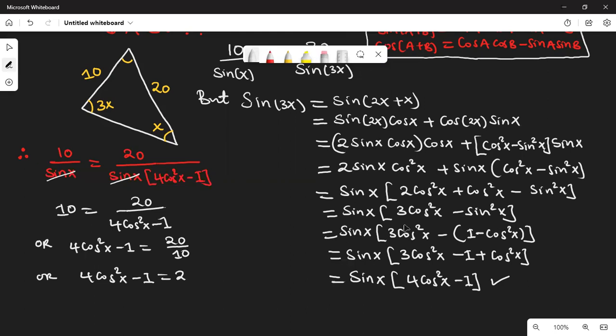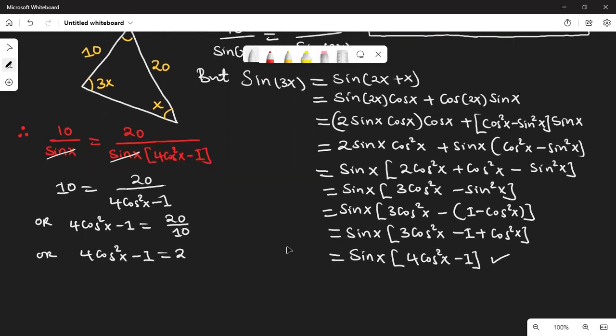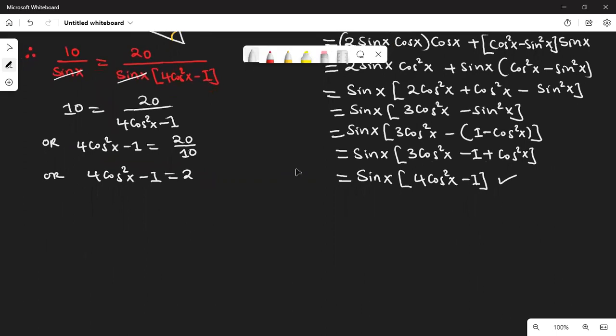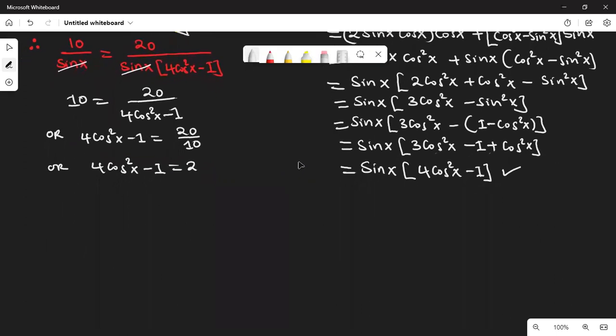Now, I want to make cos squared x the subject. So from here, we take 1 to the right, that will give us 3, and then we divide by 4. That is easy. So 4 cos squared x is equal to 2 plus 1, which is 4 cos squared x equals 3.